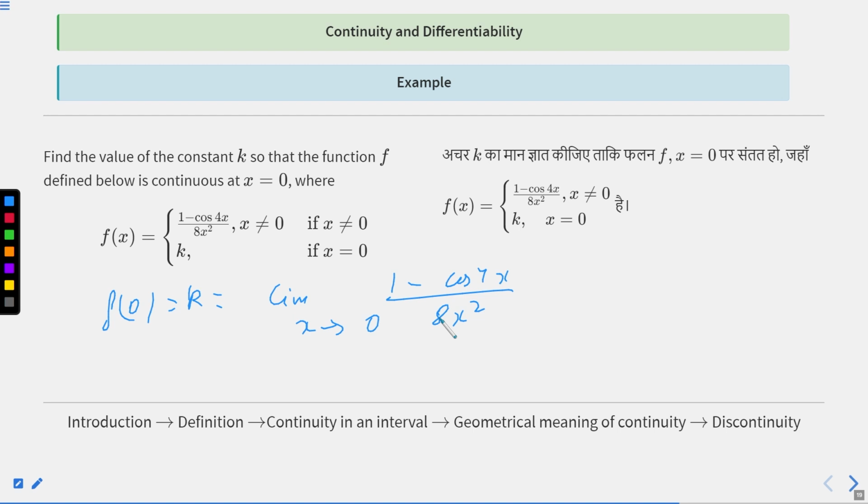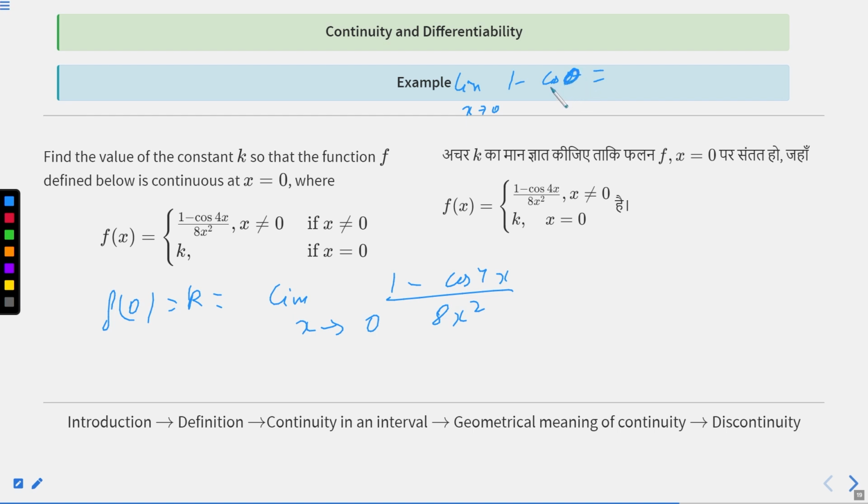Okay, so quite simple. You all know that 1 minus cos theta, the limit as x tends to 0, is what? You all know that.